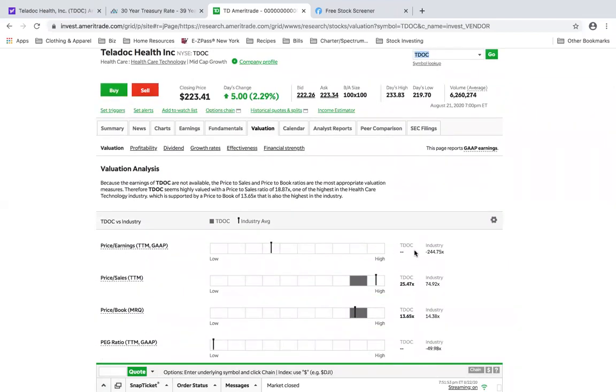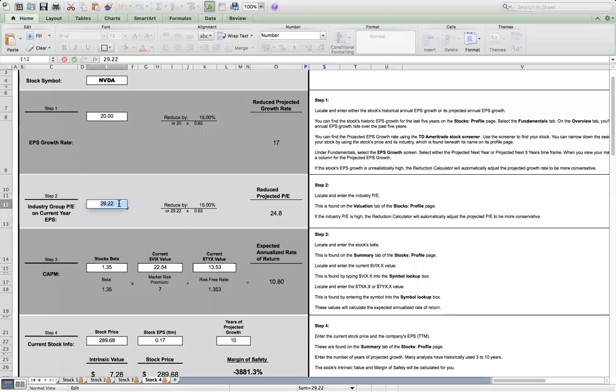It's crazy. Yeah, this number's not going to be cute. Negative 244.75. Yeah, I don't think it's going to come up with the negative number.